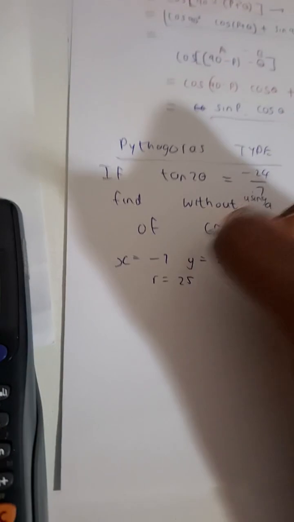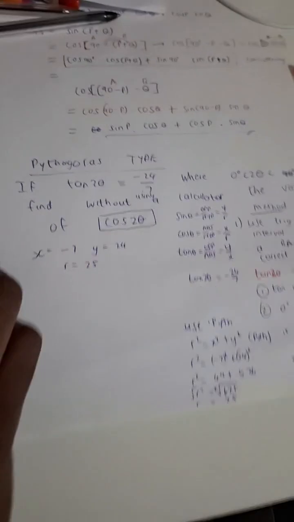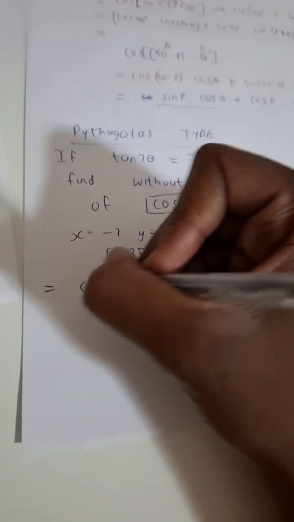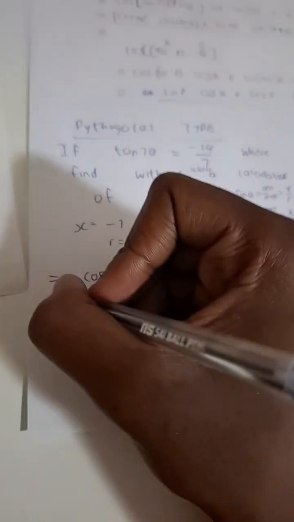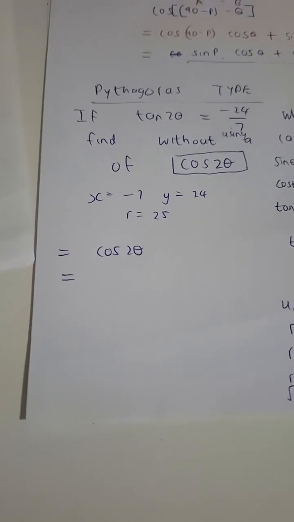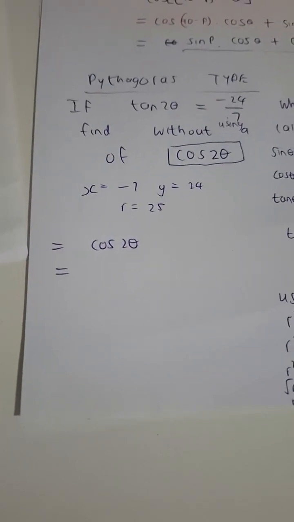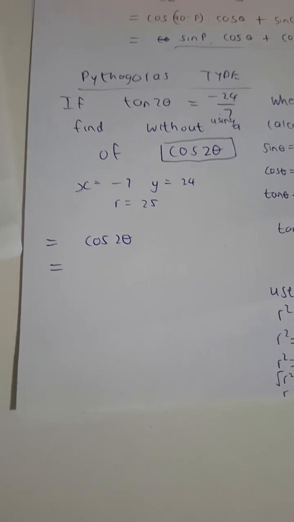Then now, what did we want to evaluate? We were supposed to find the value of cos 2 theta. That's what they asked us to find, right? So of course, cos 2 theta, what will we then simply do here?